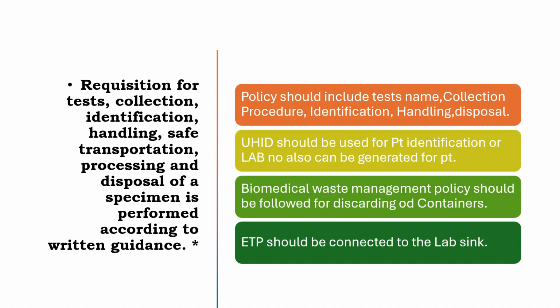So you should write one SOP policy for the lab, where you have to write what all services you are providing, the test names, and how you will do the sample collection, how the transportation will happen from the collection to the testing lab, then how it will be handled for the further processing of the test, then who will do the report releasing, how it will be done, and after the testing, what time duration you will keep your specimen in your lab.